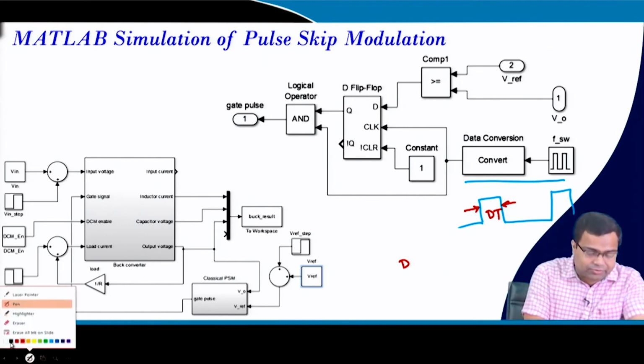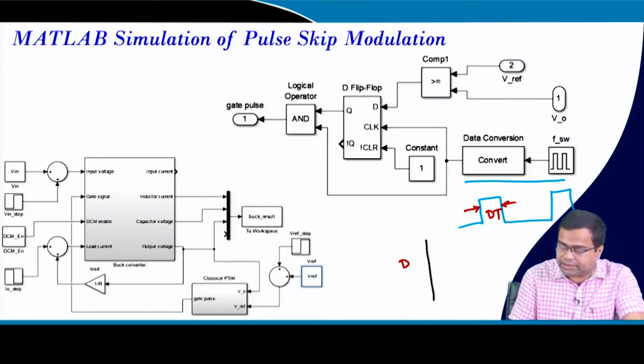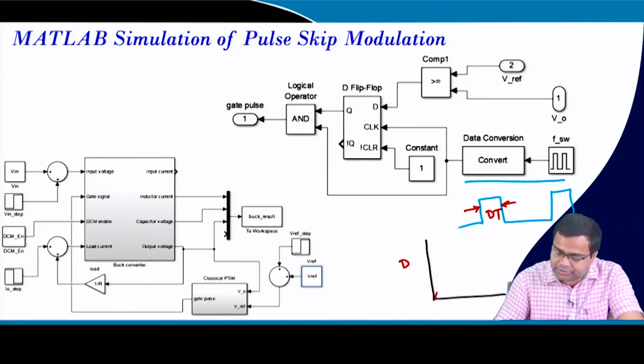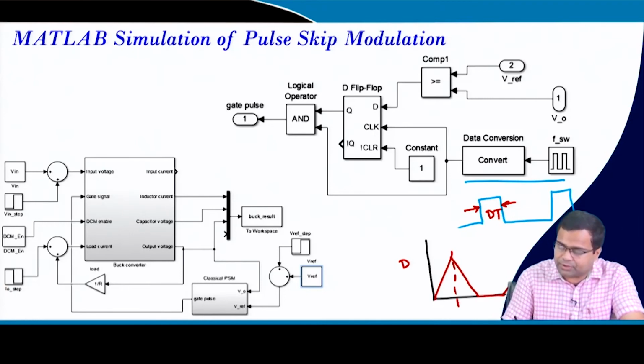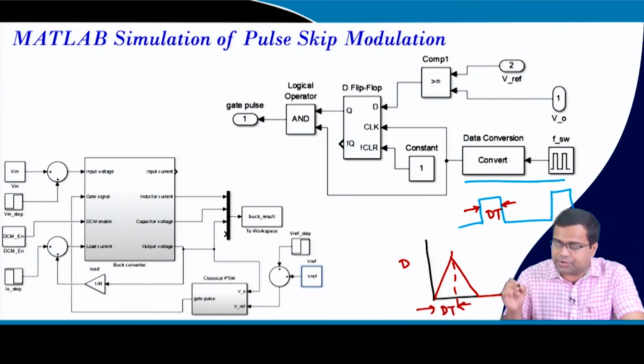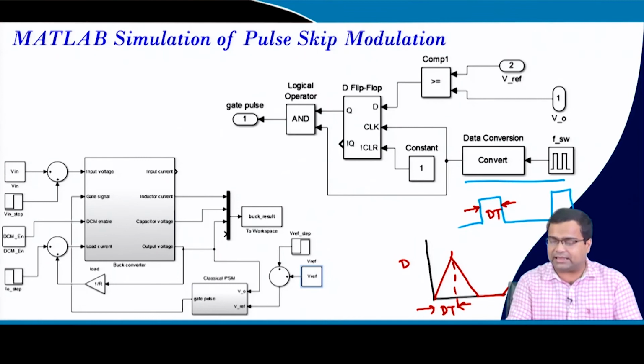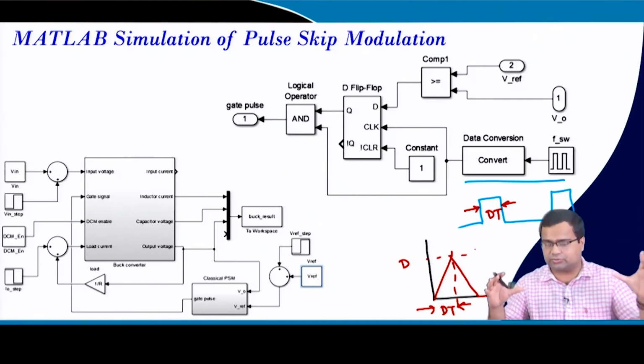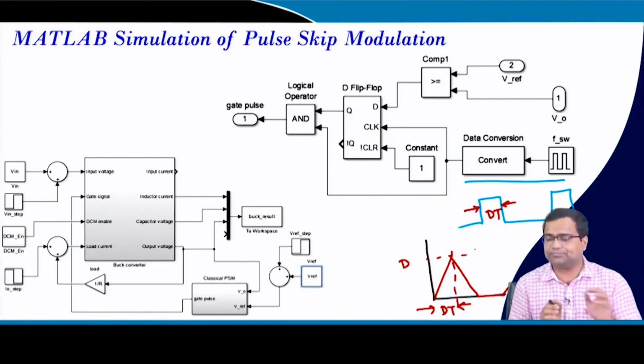If I draw the inductor current waveform, during this time it will rise and then fall like this. This is my dT time. If you take a larger dT, it may happen that the peak inductor current becomes quite large, so you have to be careful about this choice.